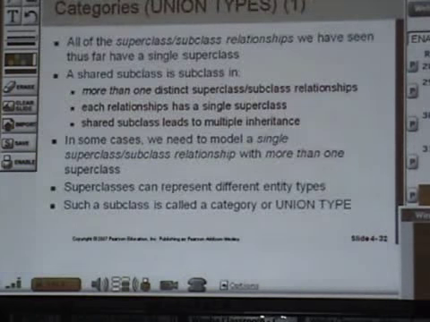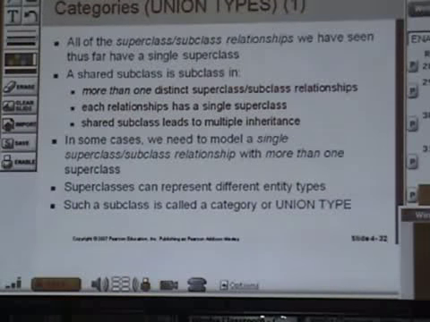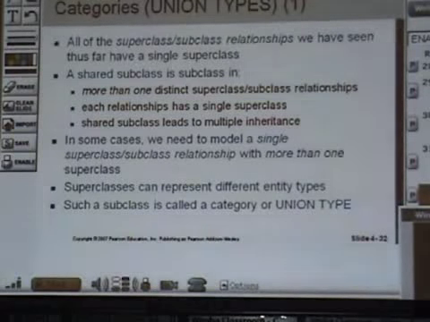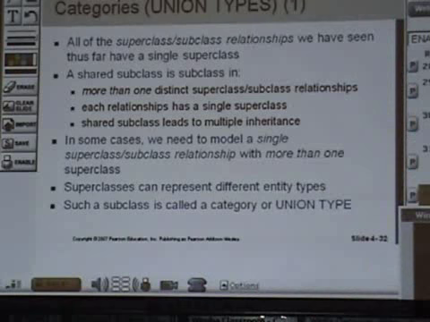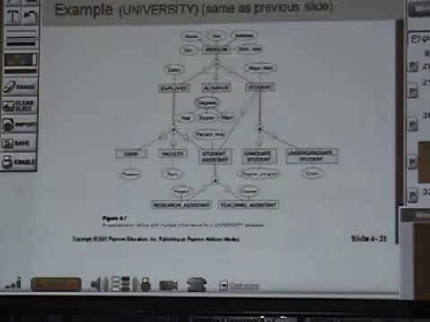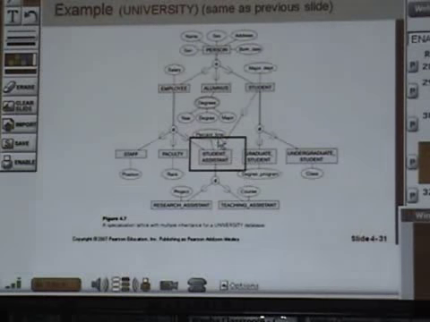The last one is the union type. So far, even though one subclass can be inherited by multiple parents, each parent is one entity. For example, in our previous example, student assistant, we have 2 parents.